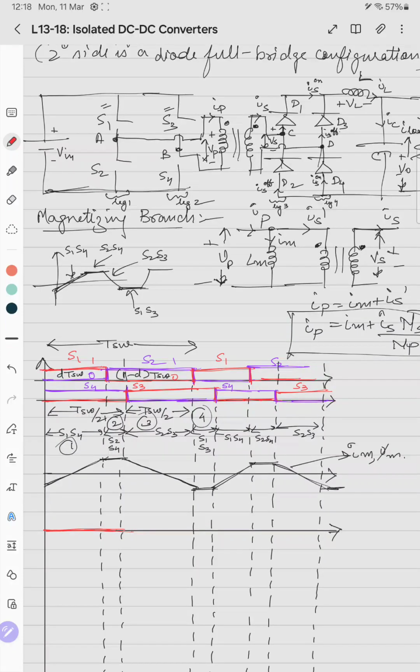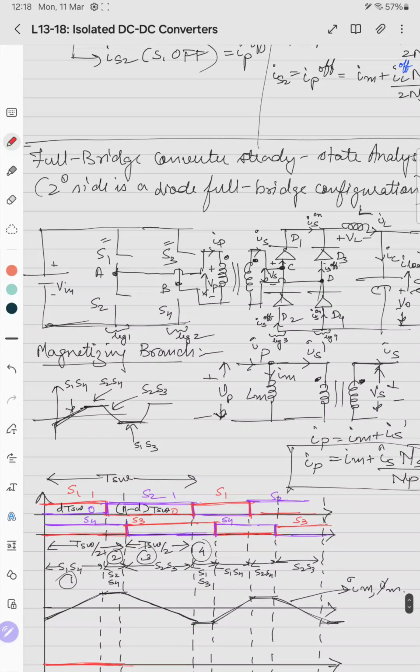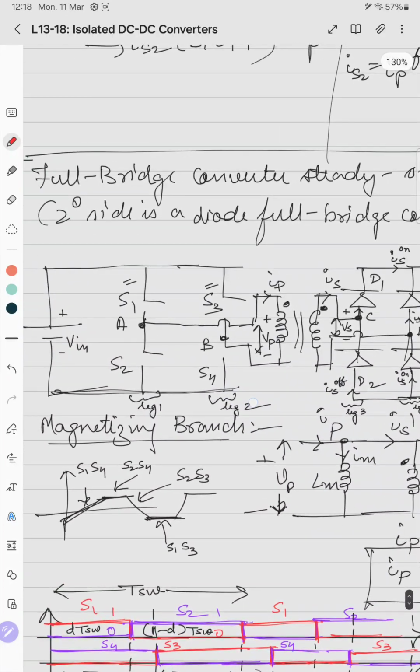Then the switches S2 S3 are on. When S2 S3 is on, what is the voltage across S1? When S2 is on, the negative point comes here, and when S3 is on, a positive point comes here. So the voltage across S1 will be plus V, because S2 and S3 are on.